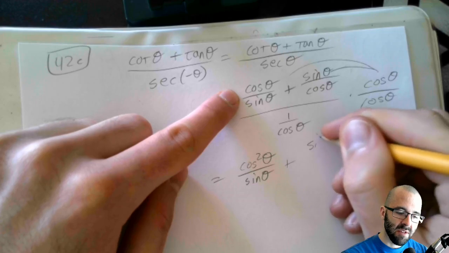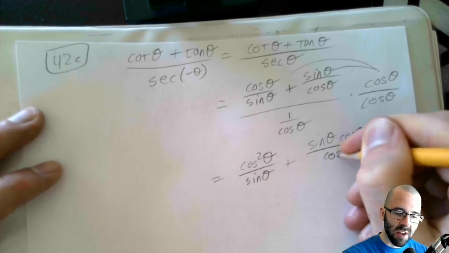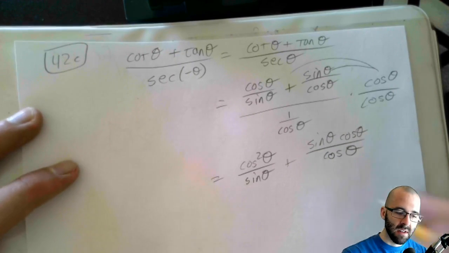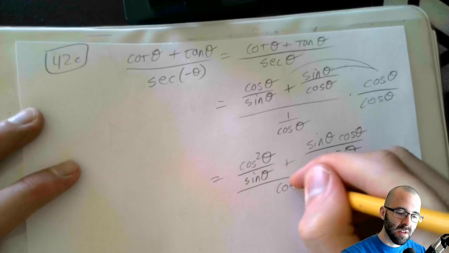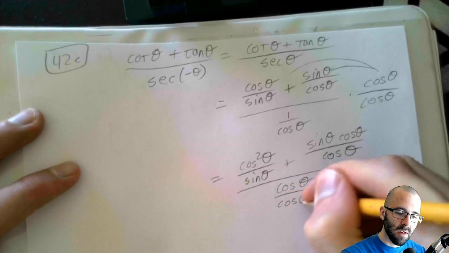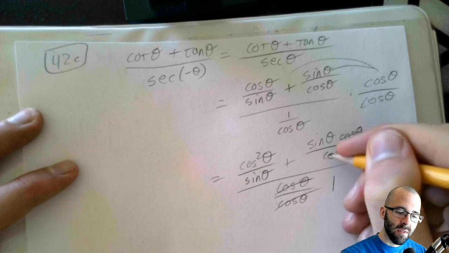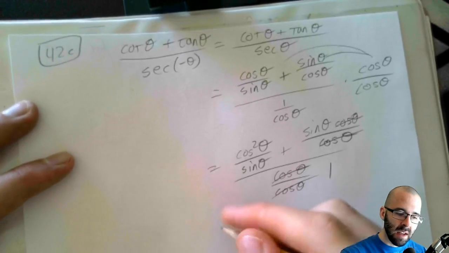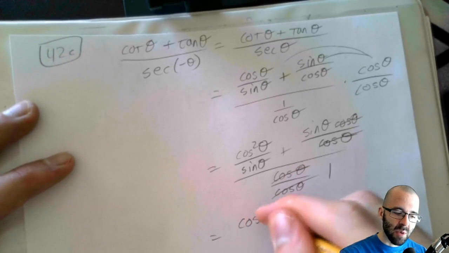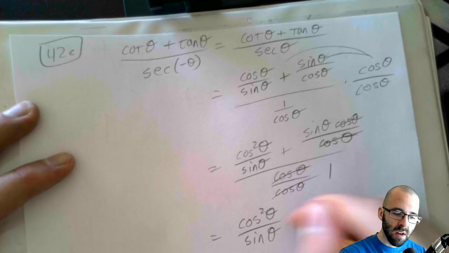This becomes sine of theta times cosine of theta over cosine of theta. And this becomes cosine divided by cosine. So our whole denominator cancels out to 1. This right here also cancels out. We're left with cosine squared of theta over sine of theta plus sine of theta.